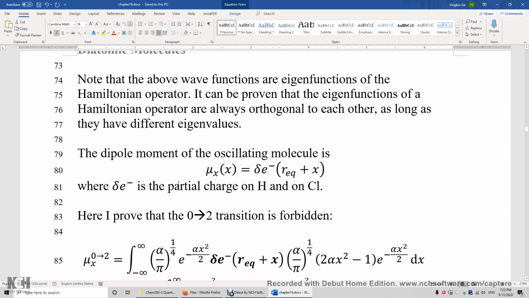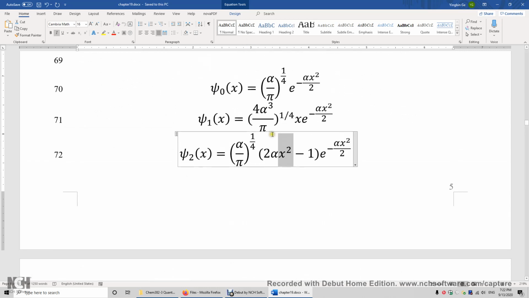Okay. There's one more thing about these eigenfunctions. They have different eigenvalues, and if you took advanced linear algebra, you will see that the eigenfunctions of a Hermitian operator are always orthogonal to each other if they have different eigenvalues.